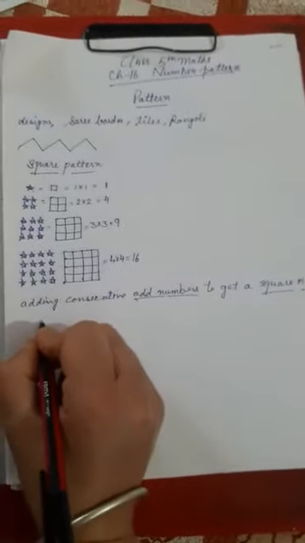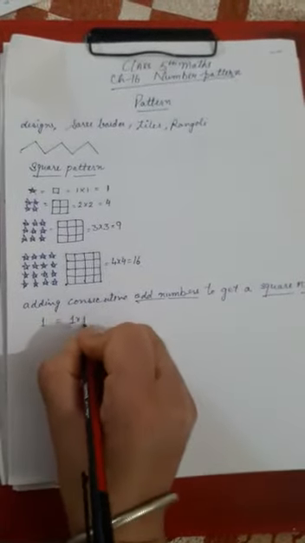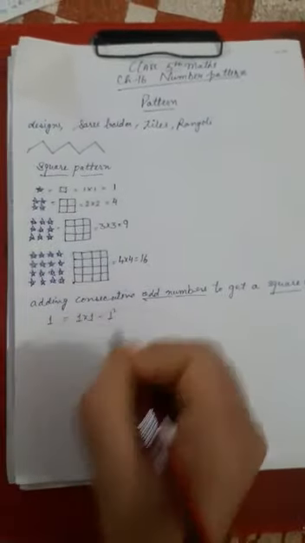First of all I am taking 1. 1 is equal to 1 multiply 1 is equal to 1 square.